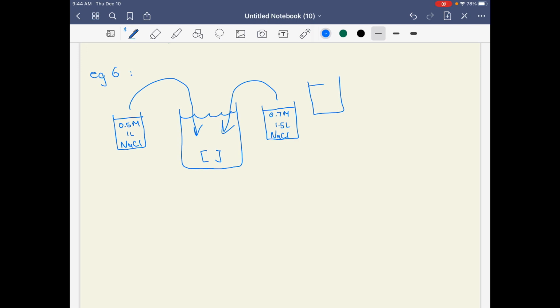I know, I'm being so annoying. This is a 2 liter at 0.3 molar. Put that in there. Oh, one more. Let's do one more. Look, watch. I'm going to add water in here. And that's going to be 3 liters. Look at that. After adding those, I'm going to dilute it with 3 liters of water.